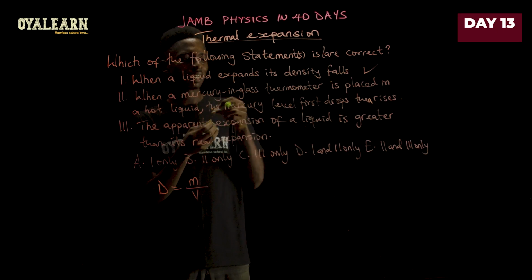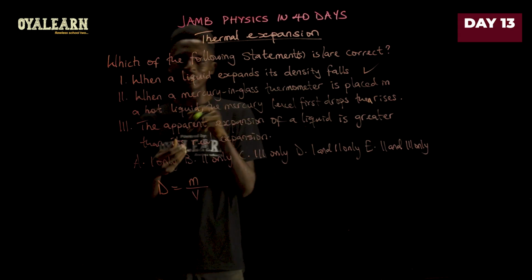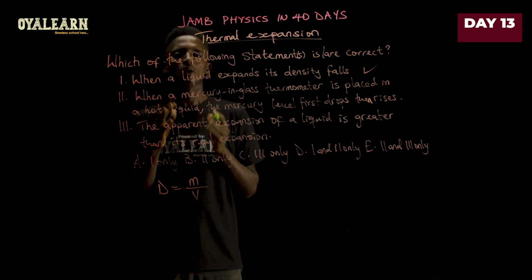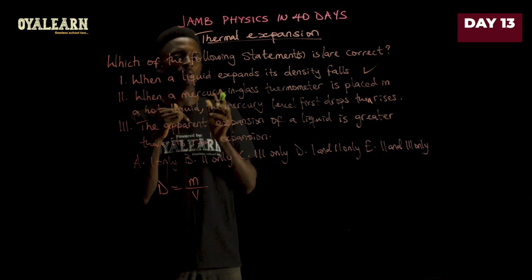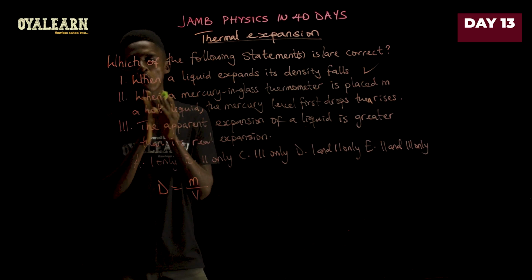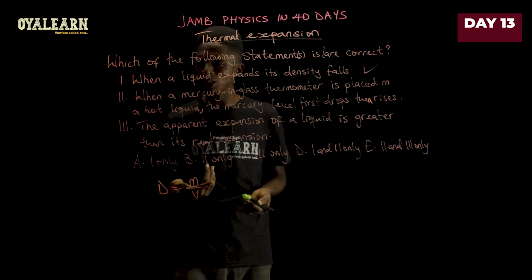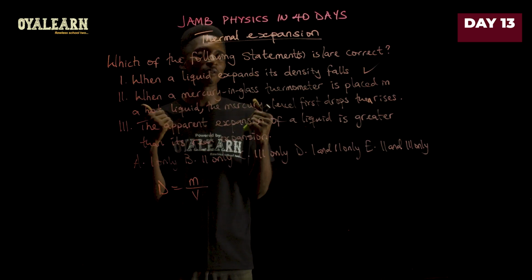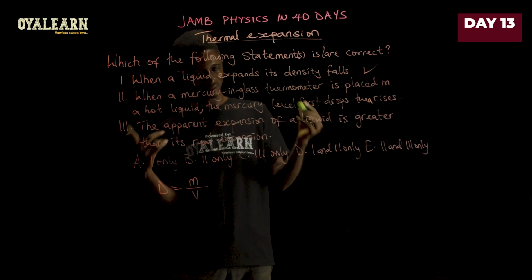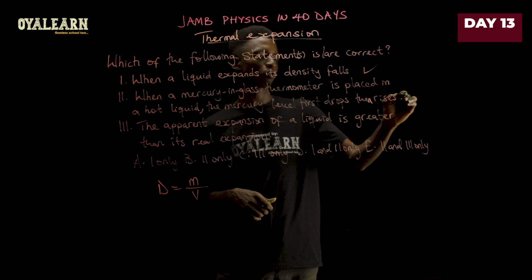Because the glass in which the mercury is, the bulb of the glass would expand first before the mercury, which is why you see that the level will drop before the level of mercury will then begin to rise. And this affects all liquids because they do not have a shape of theirs and they depend on the shape of their container, which will also go through expansion. So that's why statement 2 is also correct.